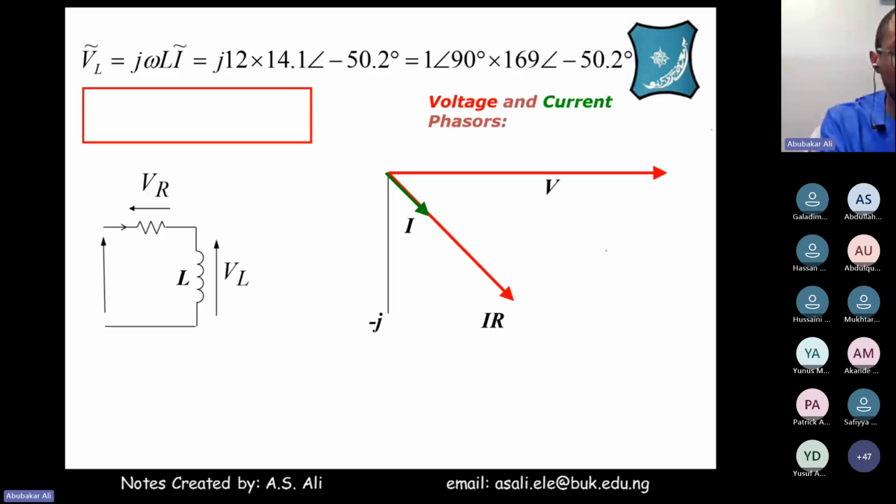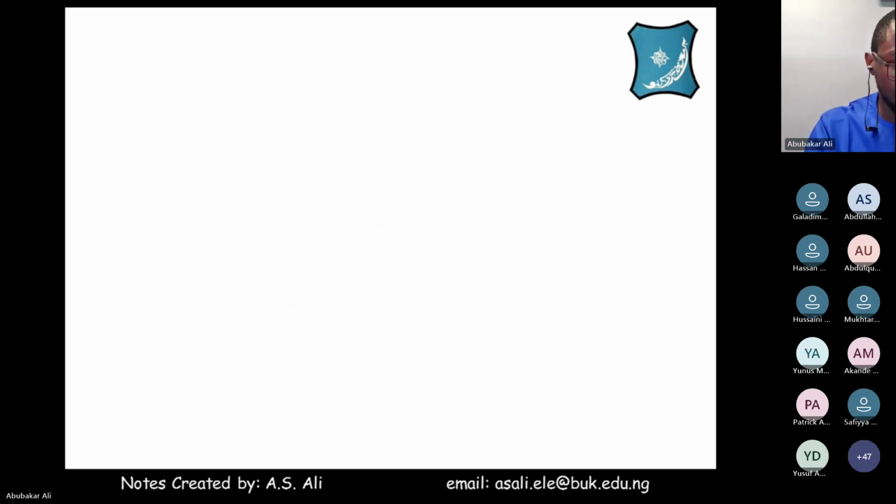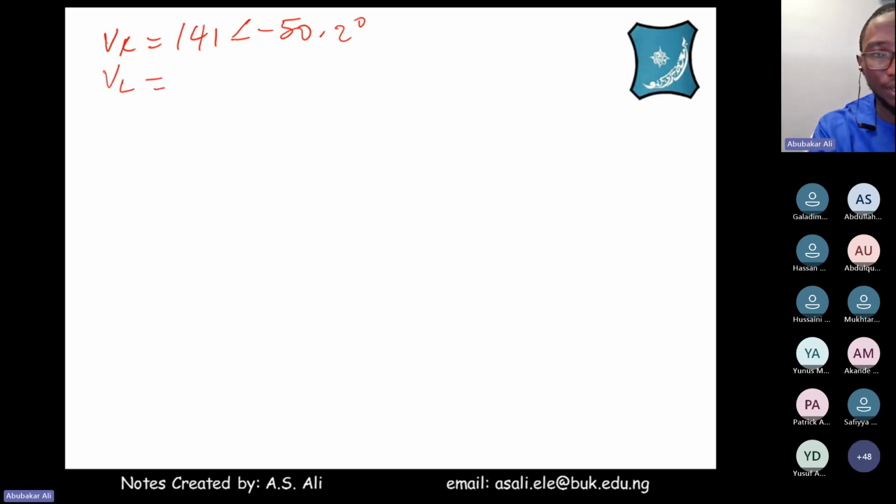Let's write our VR, please. VR is 141 angle minus 50.2 degrees. And what is our VL? It's 169, angle 39.8, positive.